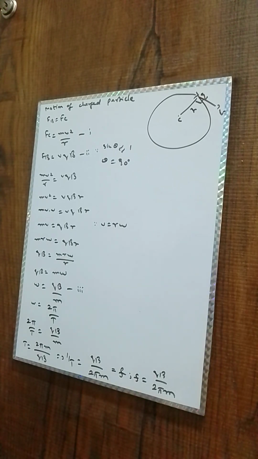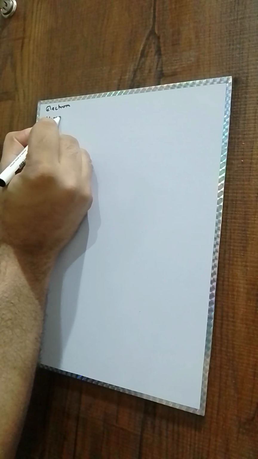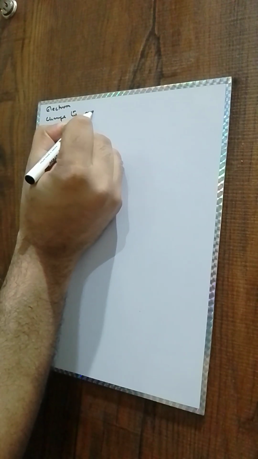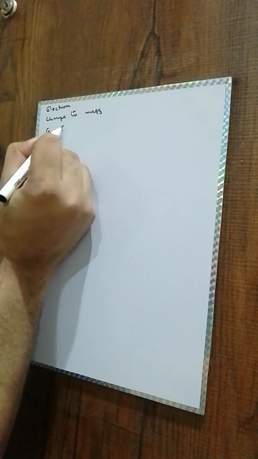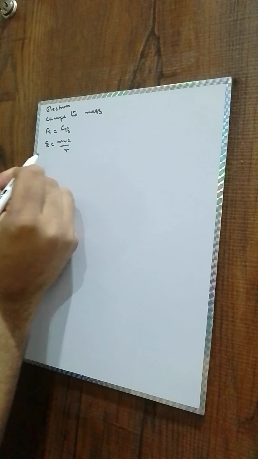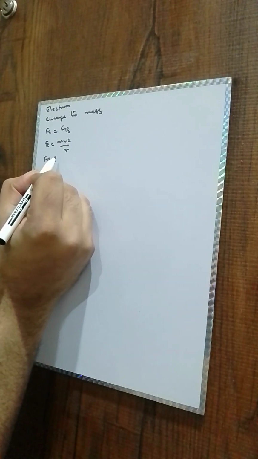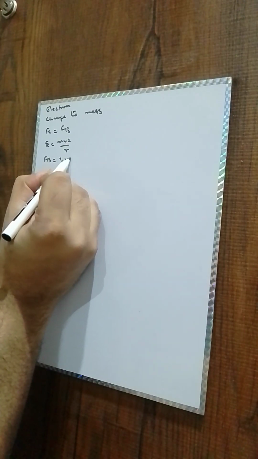Okay, so now for the electron, we estimate the charge to mass ratio. Once again, the centripetal force is equal to the magnetic force. The centripetal force is equal to mv squared by r, and the magnetic force is equal to qvB.